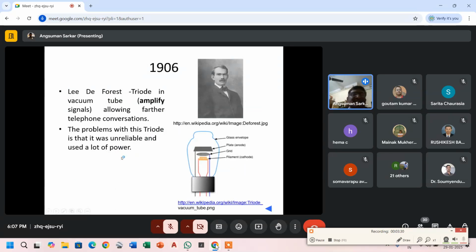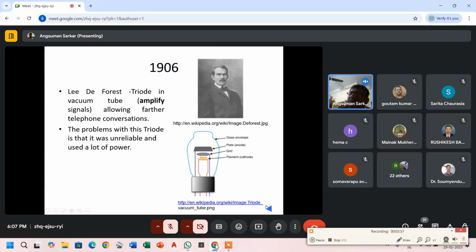In 1906, Lee De Forest discovered the vacuum tube, the triode, where there is a filament or cathode, which is the source of the electrons. They ultimately go to the anode or the plate through the grid, which is the control terminal. This is the basic structure which has been followed in the transistor also.